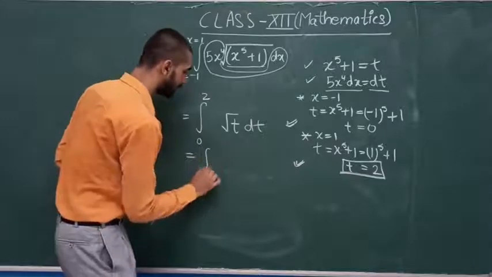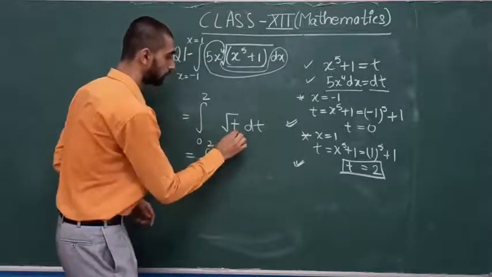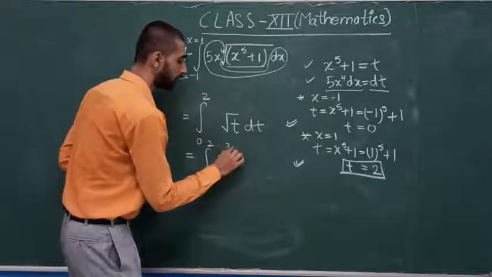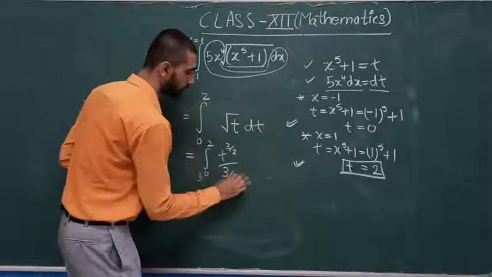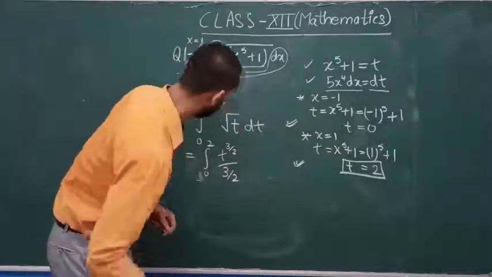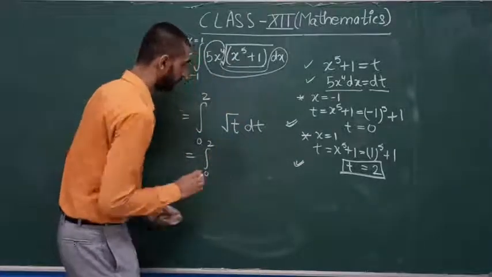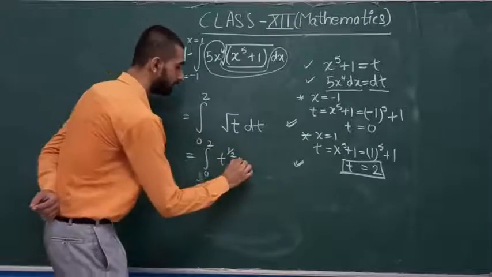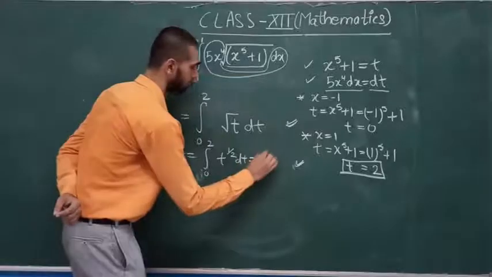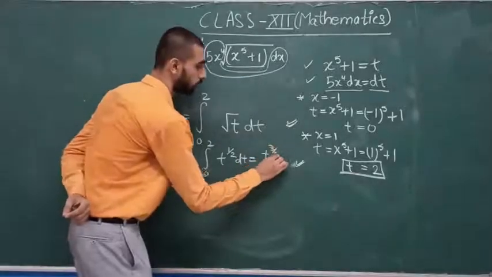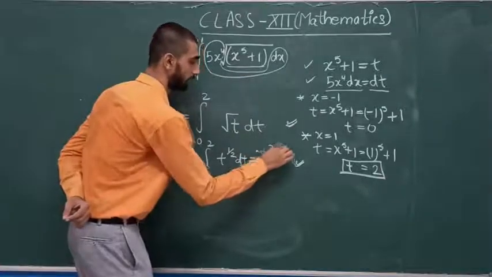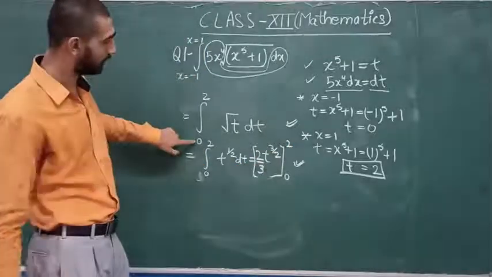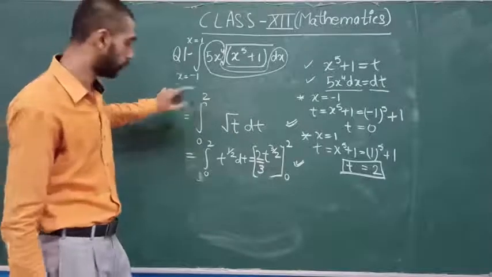Now I will apply the same procedure. 0 to 2. What is the integration of root t? Let me write it. One more step, it will become t to the power 1 by 2 dt. It will give me t to the power 3 by 2 multiplied by 2 by 3, with limits 0 to 2, because my lower limit is 0 and my upper limit is 2.